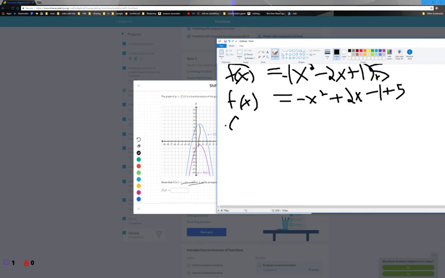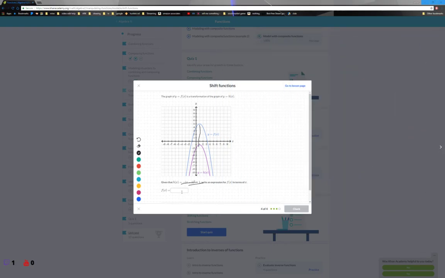So we have f of x equals negative x squared plus 2x, and then 5 minus 1 would be 4, plus 4. So we'll try that answer.